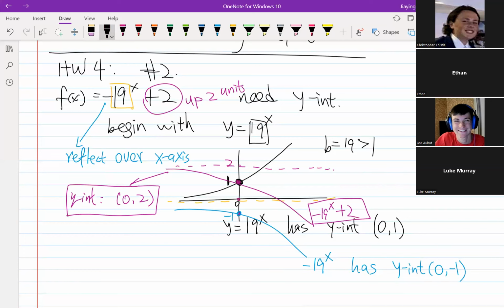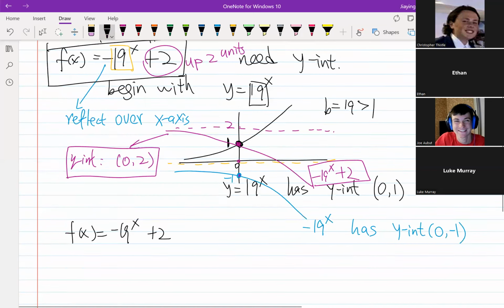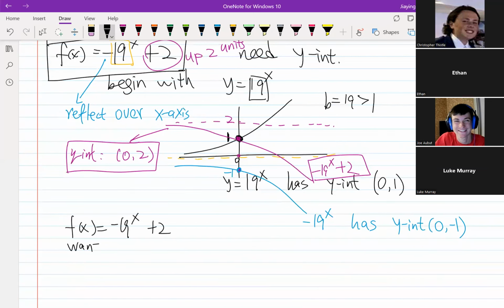And we can always begin with the function that we have up here, f of x equals -19 to the x +2. We want the y-intercept, which means, as with lines and quadratic functions, x has to be 0.